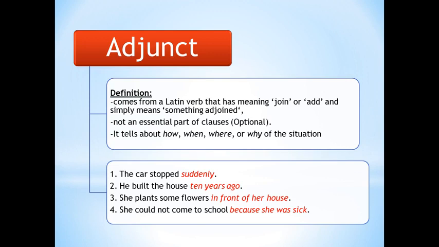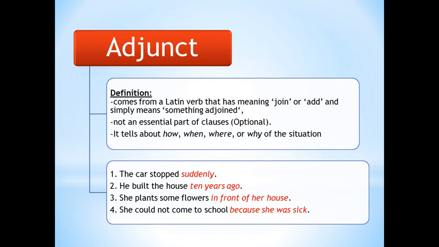As example, the car stopped suddenly. Suddenly adalah adjunct. How? He built the house 10 years ago. 10 years ago is adjunct. Tells about when.